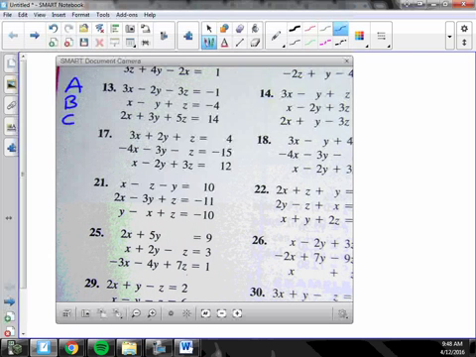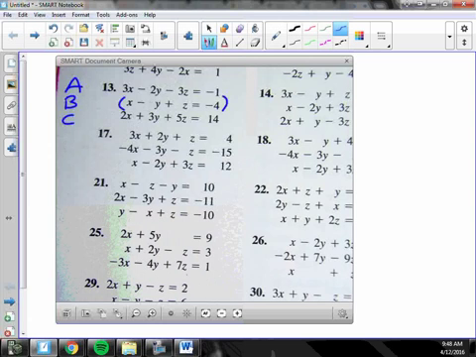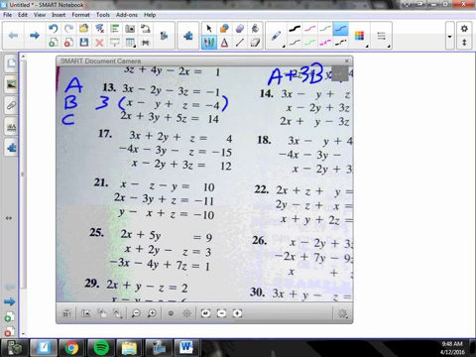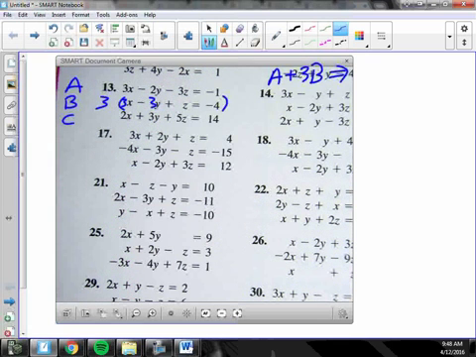Okay? But let's times this by 3, and that will eliminate the z's. So essentially, I'm going to do an A plus 3B equation. So that would be 3, 3, 3, and 12.